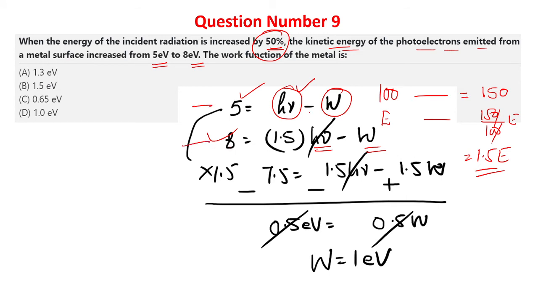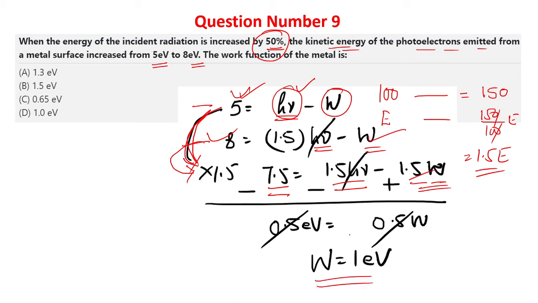So we have to just manage these two equations to get the work function of the metal. So better let us cancel h nu. For that, multiply equation number 1 with 1.5. 5 into 1.5, 7.5. 1.5 into h nu, 1.5 h nu. And here you have 1.5 W. Now just subtract the two and you will get the work function.